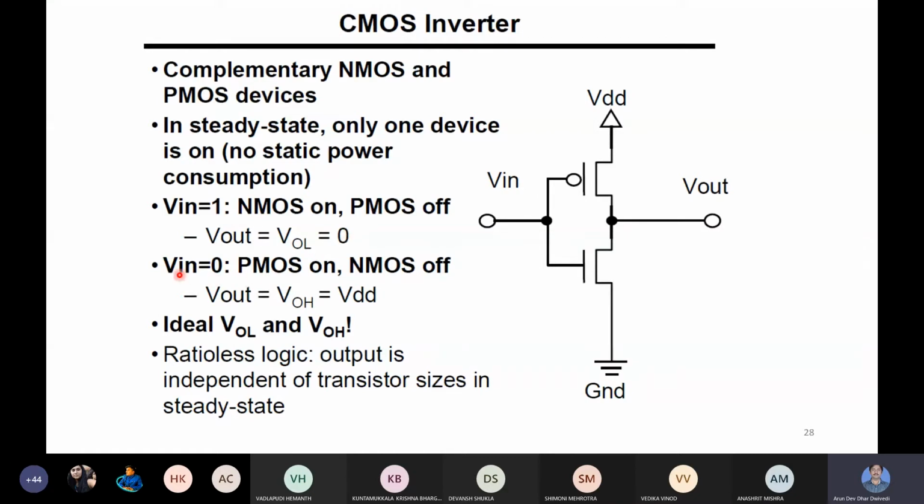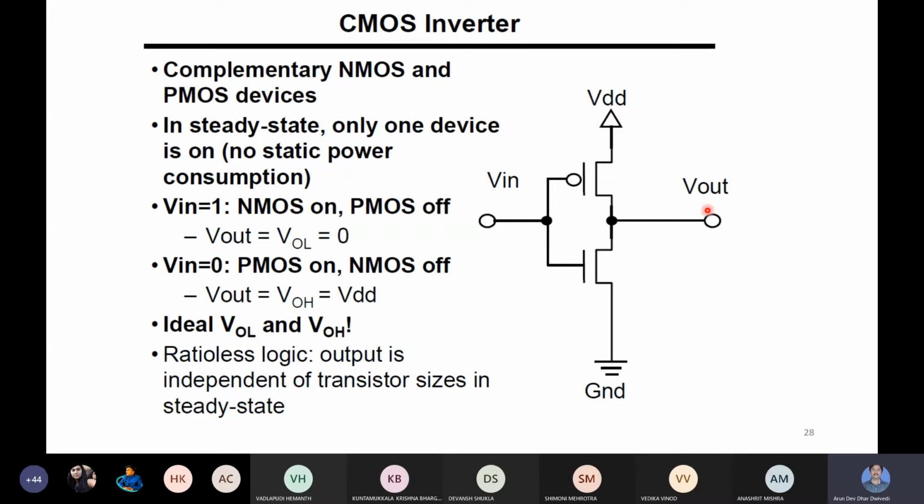But if you are applying input voltage logic 0, what happens in that case? The PMOS transistor is on and the NMOS transistor is off. When it was logic 1, the NMOS was on, and when it is logic 0, the PMOS is on.